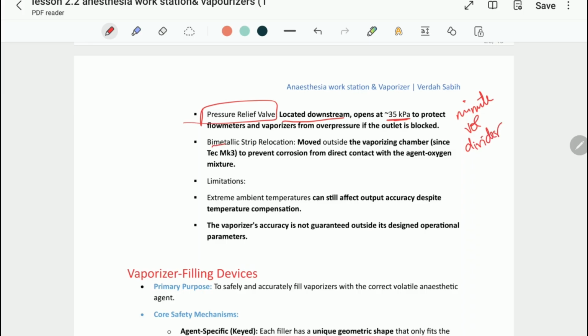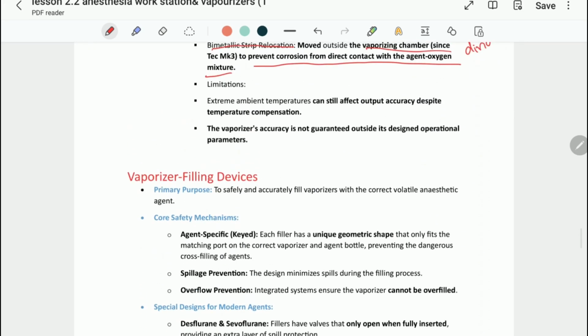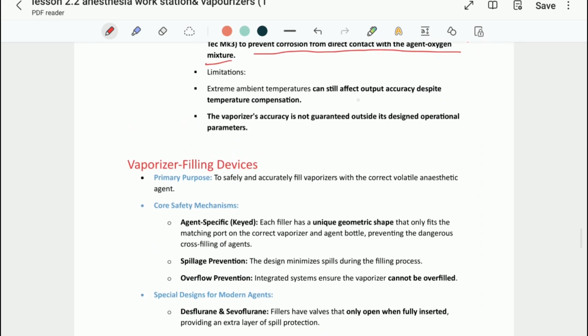Then the bimetallic strip relocation: they are moved outside the vaporizing chamber since Tec 3 to prevent corrosion from the direct contact with the agent and oxygen mixture. At extreme ambient temperature, they can still affect output accuracy despite temperature compensation. And the vaporizer accuracy is not guaranteed outside its designated operational parameters.